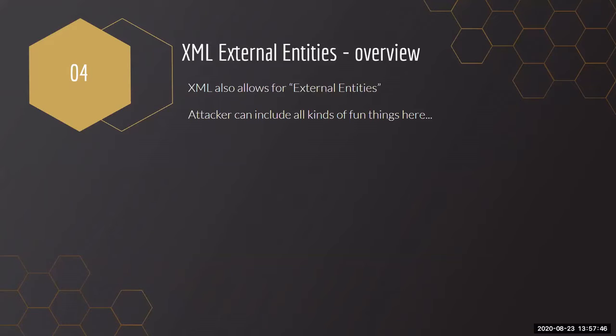And you can also put in URLs there, so you can include content from a specific URL as a resource in your XML. And why this is dangerous is because those inclusions of those external files and URLs are processed on the web server where it's being parsed.